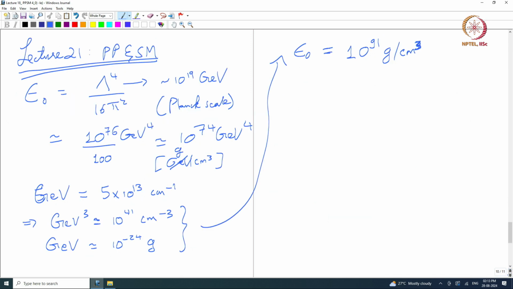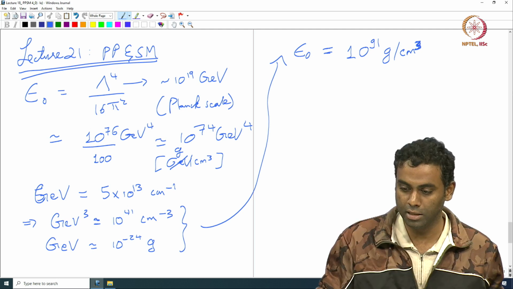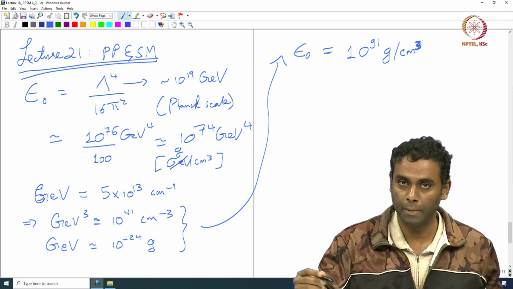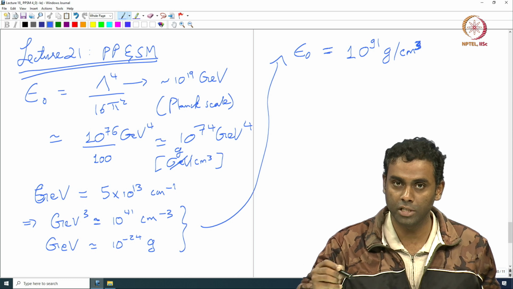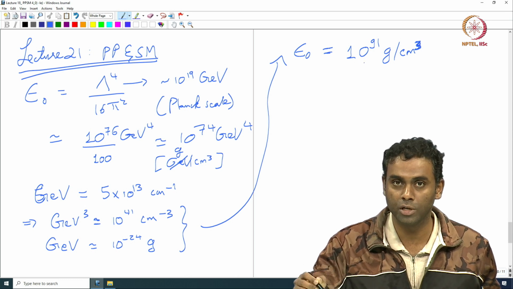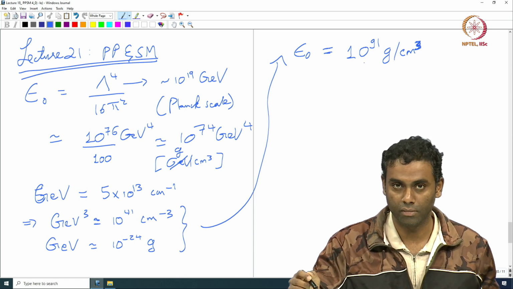The pion is a scalar field, the Higgs boson is a scalar field, etc. So it is not some esoteric theory that we are thinking about. Even for realistic theories, you end up with, just like that, from the 0 point energy, this much energy density. Okay.